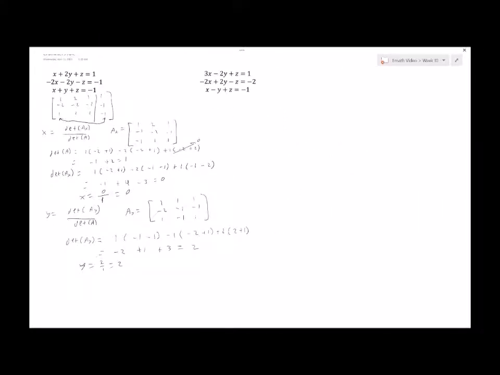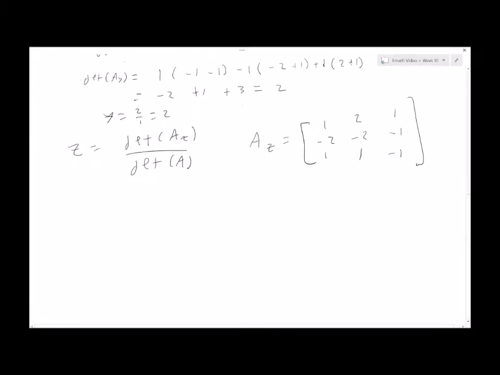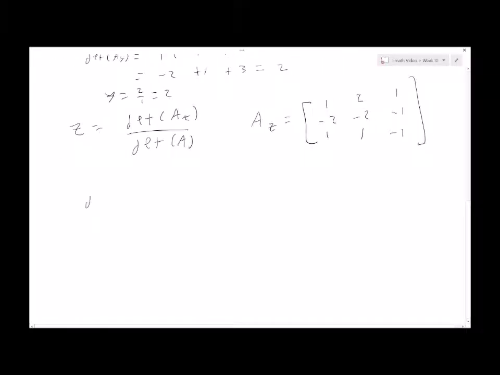So z would equal the determinant of Az over the determinant of A. So Az would look like 1, negative 2, 1, 2, negative 2, 1, and then now the answer column here, 1, negative 1, negative 1. Awesome, so now I can take the determinant of Az.